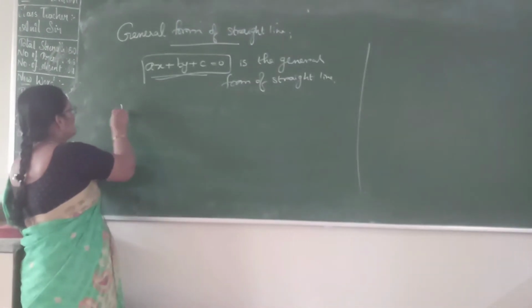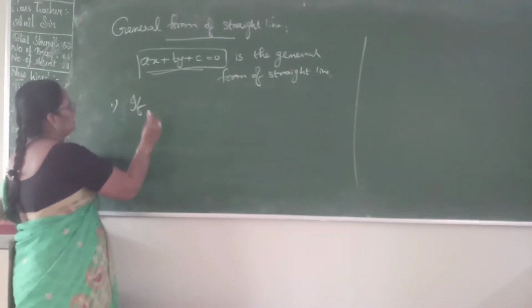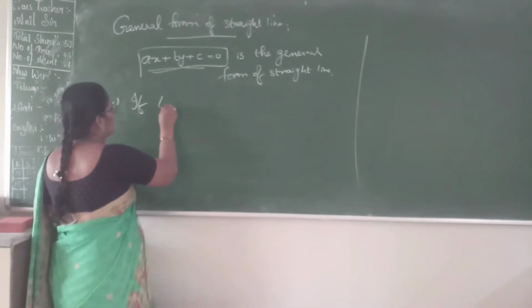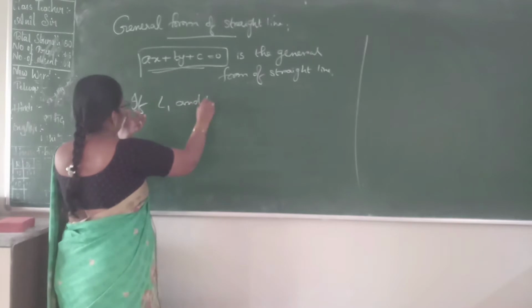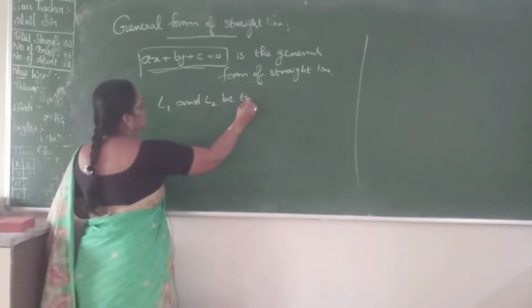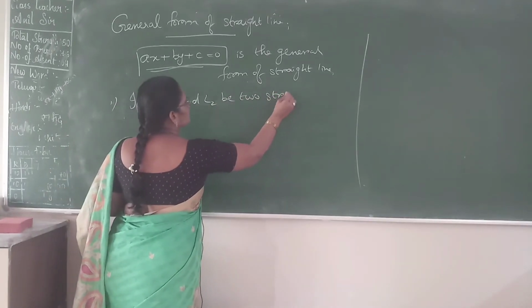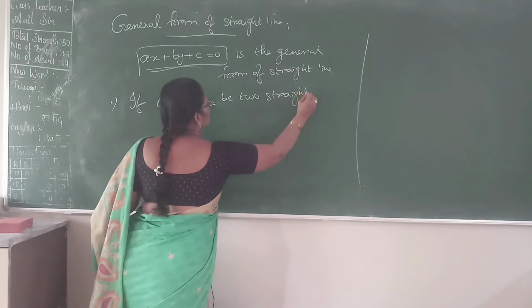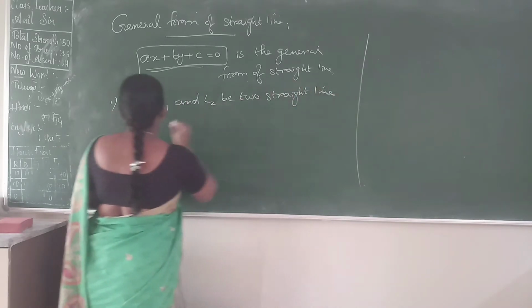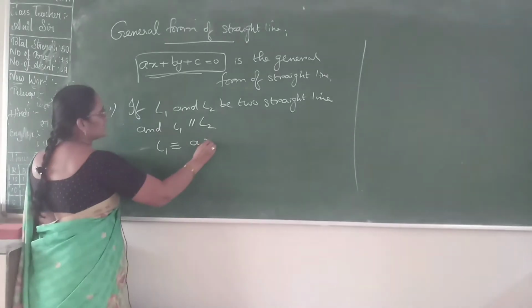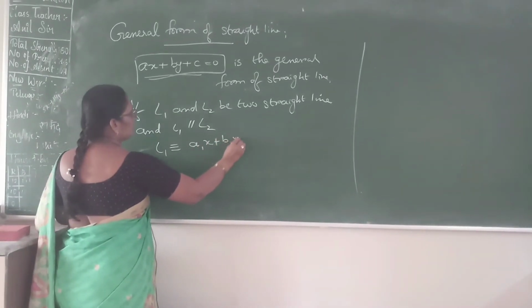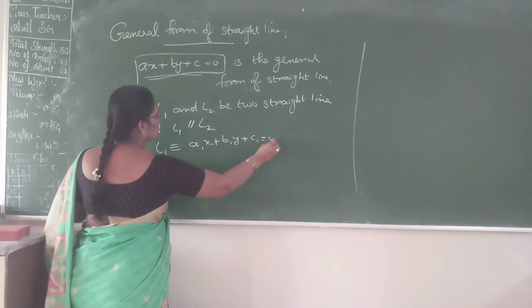The first condition is if you take two straight lines, if L1 and L2 be two straight lines, and L1 is parallel to L2, then how can you write? Suppose L1 is there, you can represent it as A1x plus B1y plus C1 equal to 0.